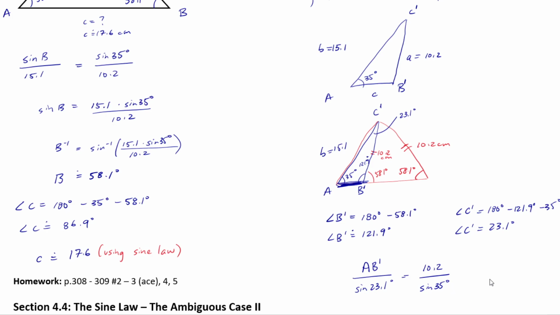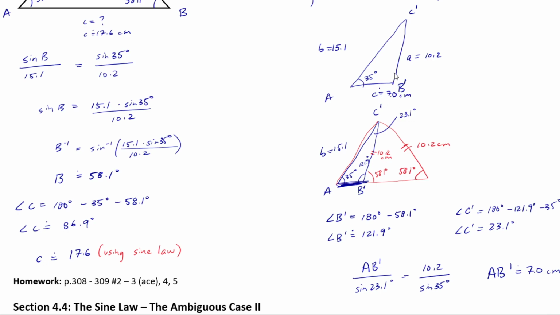Then rearranging, I can find AB prime using sine law, and I get approximately 7.0 centimeters.